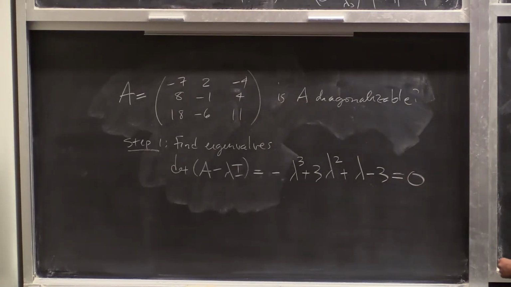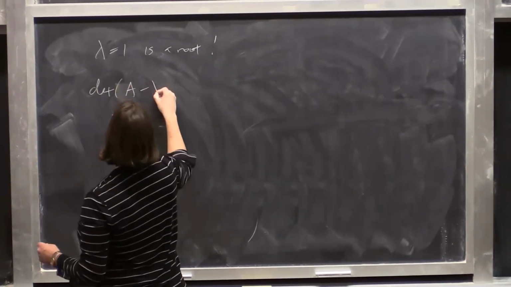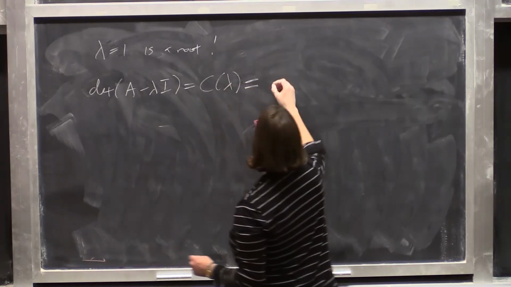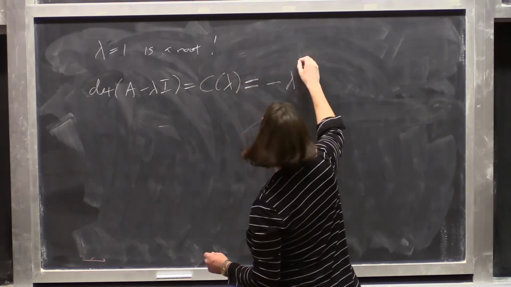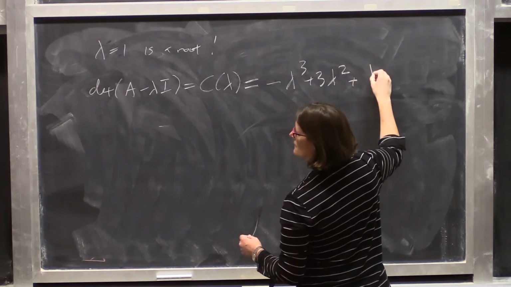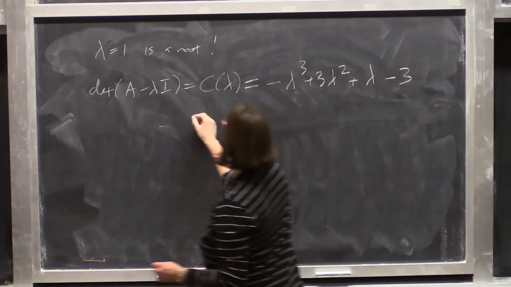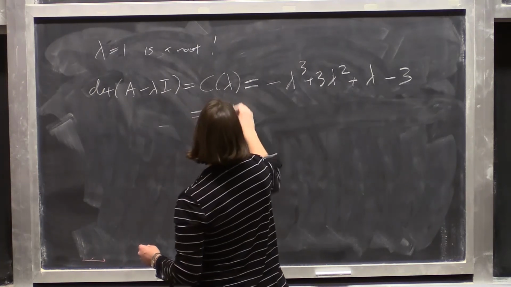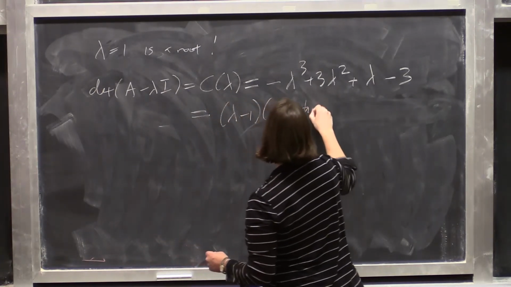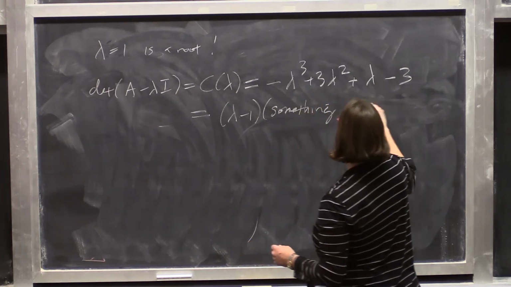So lambda equals 1 is a root. This tells me that the determinant of A minus lambda I, which is the characteristic polynomial, which is minus lambda cubed plus 3 lambda squared plus lambda minus 3, can be written as lambda minus 1 times something quadratic.